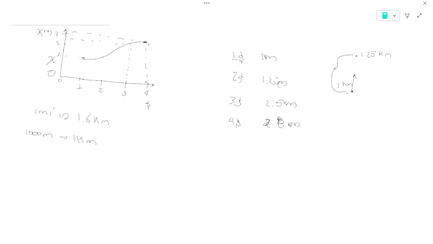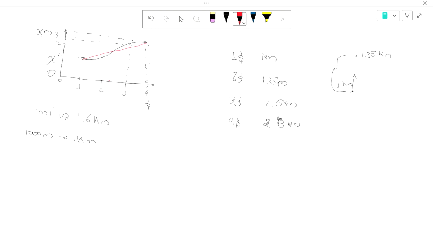That means that there was some variance in the acceleration. It's not a constant speed, because if this was linear, then in 2 seconds it would have been 2 kilometers, but no, it's not a linear function.